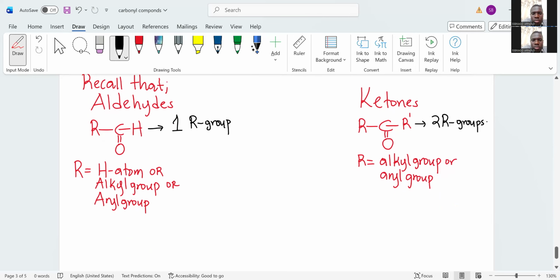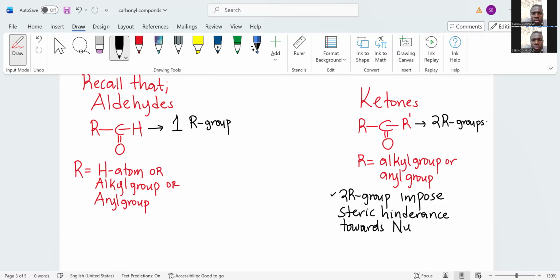So two R groups here, if they are alkyl groups or aryl groups, two alkyl groups impose steric hindrance towards nucleophilic attack.